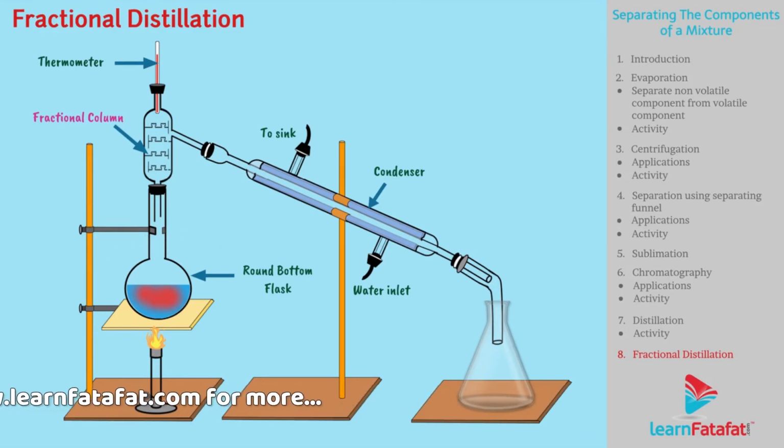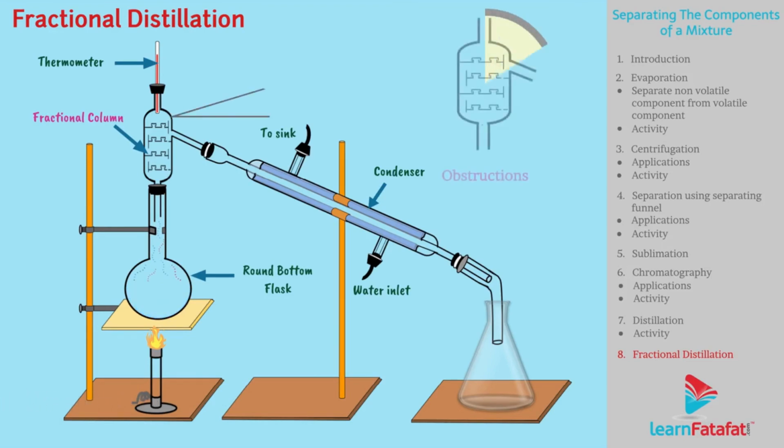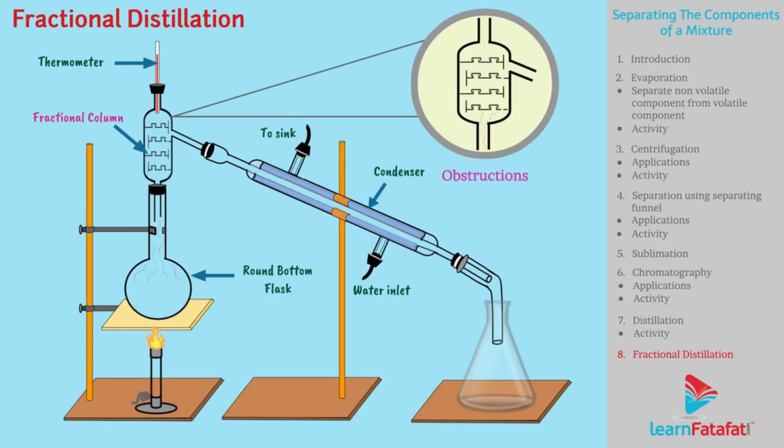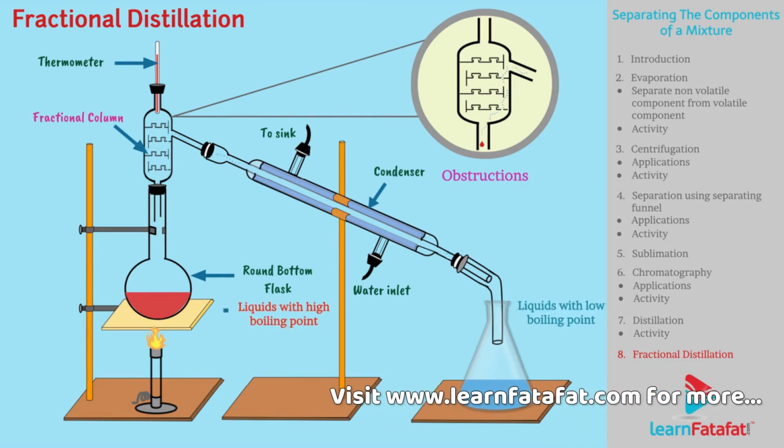Due to the low difference in boiling points, both liquids evaporate simultaneously and face obstructions in the fractional column. Due to the obstructions, the liquid with the high boiling point condenses down in the flask and the liquid with the low boiling point reaches the condenser and is then collected in a container. Hence the liquids get separated.